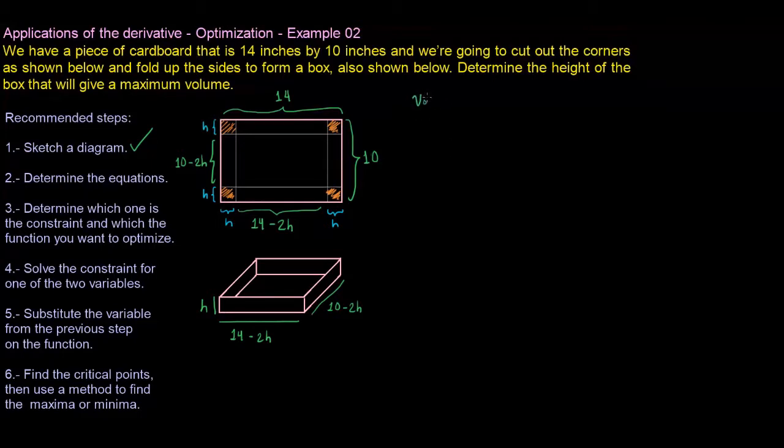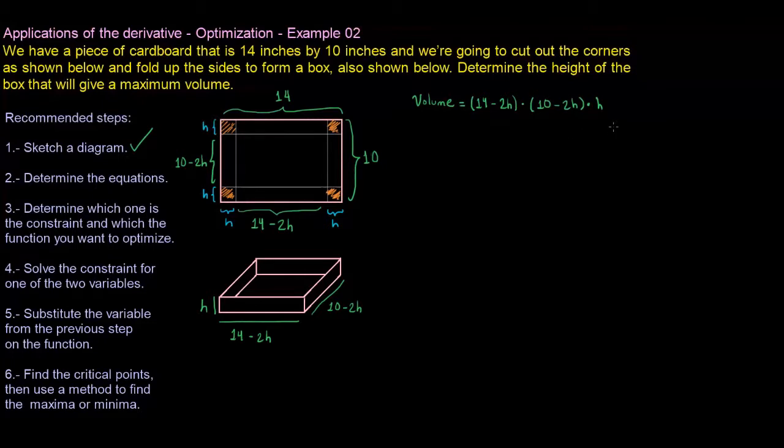So volume will be equal to this side times this one, that will be the area of the base. So I'm going to say it will be 14 minus 2 times h, times 10 minus 2 times h, times the height, which is directly h.